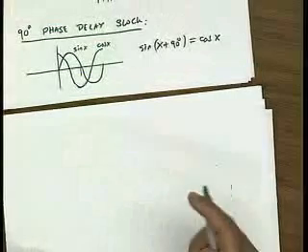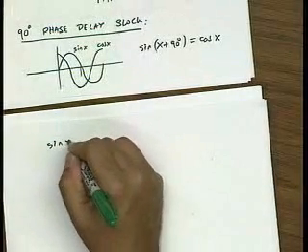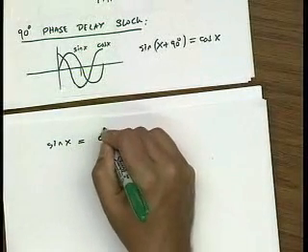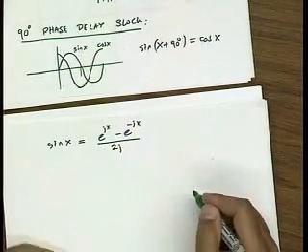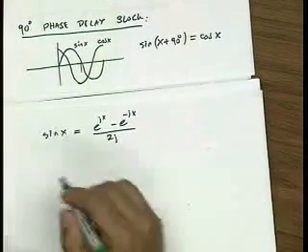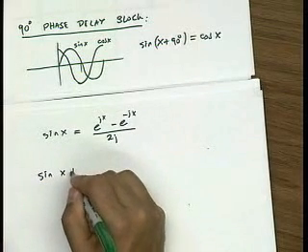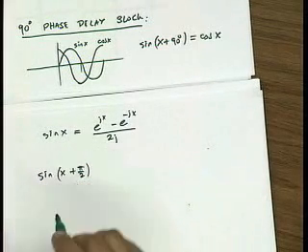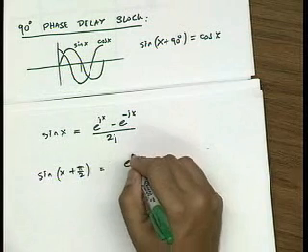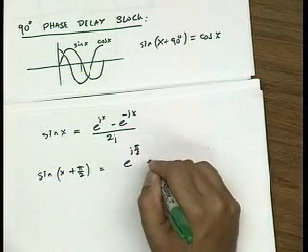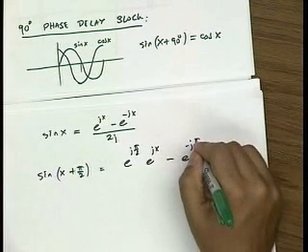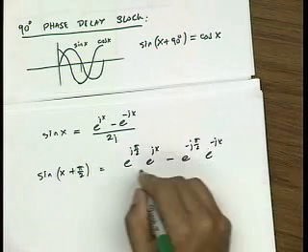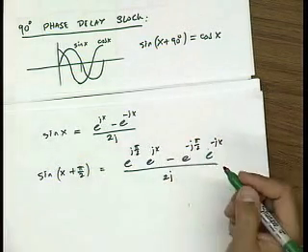Okay? So in the complex plane, I can write sine of x as e to the jx minus e to the minus jx divided by 2j. And now let me introduce my phase shift of pi over 2, or 90 degrees. So that gives me e to the j pi over 2, e to the jx minus e to the minus j pi over 2, e to the minus jx divided by 2j.